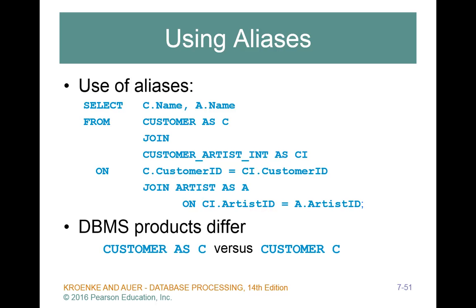The use of aliases, we've already talked about this. The use of aliases can differ depending on the database management system product that you're using. But they are useful, especially if you have long table names. This gives a good way to give you a little bit more room, because if you have something like, in our example here, customer underscore artist underscore int, which is our intersection table, you may just want to abbreviate that as CI.